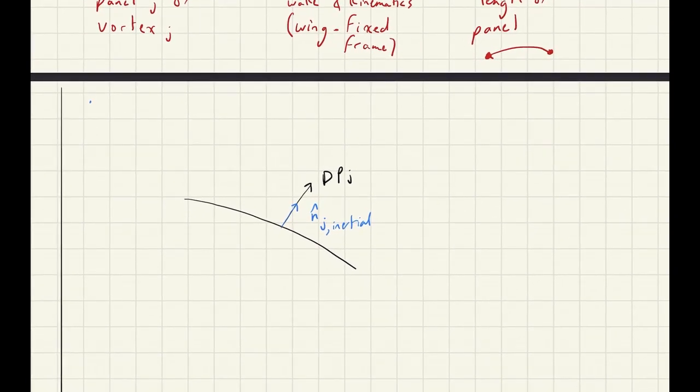So after finding the delta Pj, we would like to find the lift.